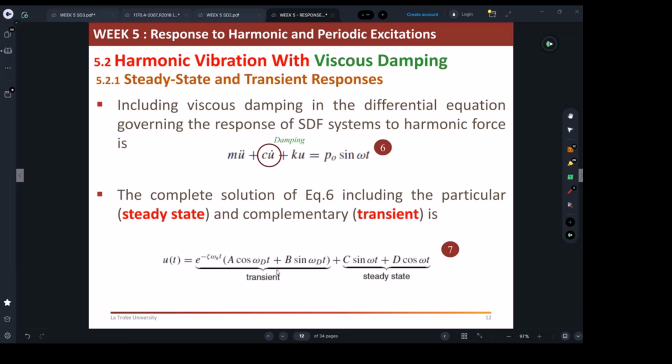Then after this, this is the solution, right? So have a look here. What did we say? Was this the free vibration or the forced vibration? This part here, highlighting. Is it the free vibration or the forced vibration? This part of the equation, was it the free or the forced?